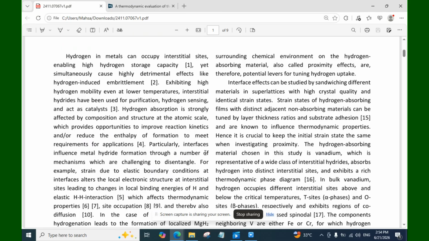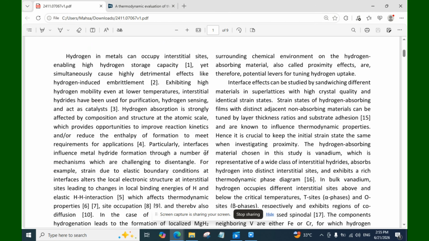Interstitial hydrides have been used for purification, hydrogen sensing, and as catalysts. Hydrogen absorption is strongly affected by composition and structure at the atomic scale, which provides opportunities to improve reaction kinetics and or reduce the enthalpy of formation to meet requirements for application.